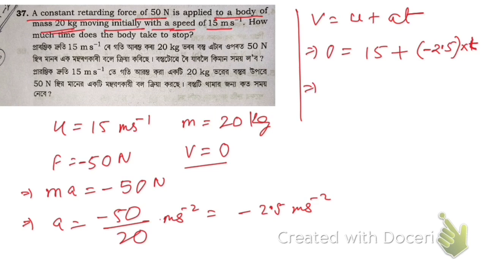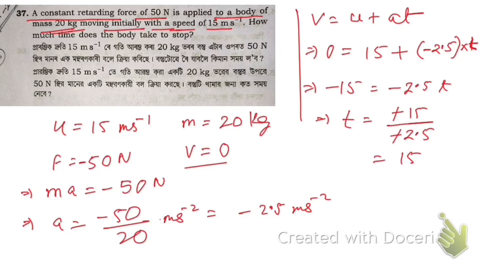So here we're going to get minus 15 is equal to minus 2.5 into t. So t will be equal to minus 15 divided by minus 2.5, minus gone. So here 150 divided by 25, that means 6 times, right? 6 seconds. Okay, so it will take 6 seconds to stop the body, right? So here is the answer.